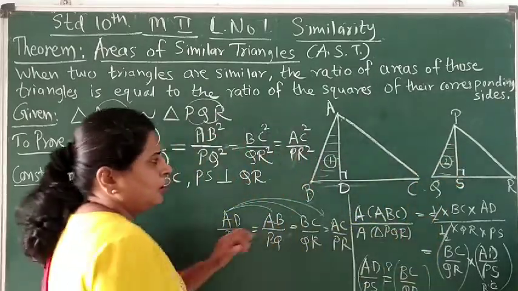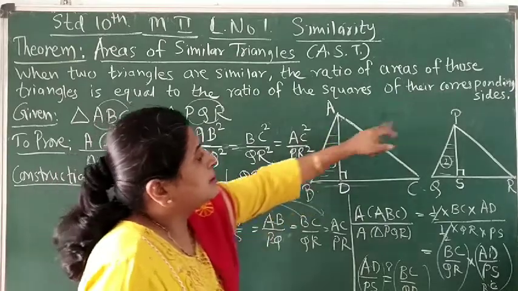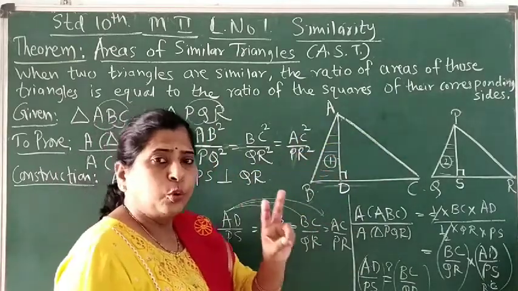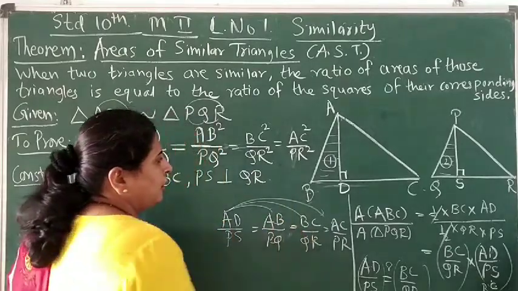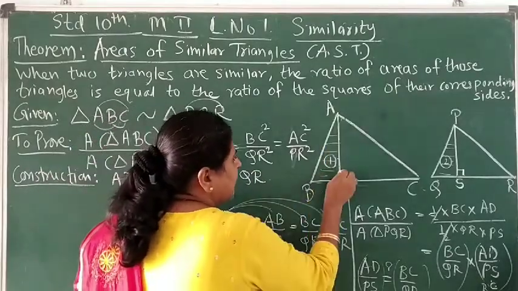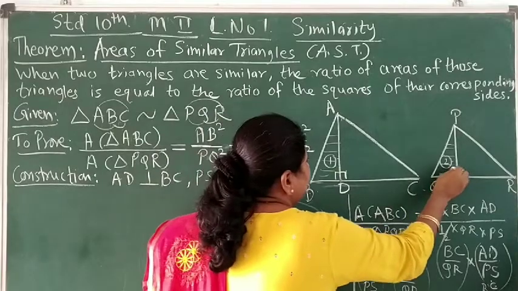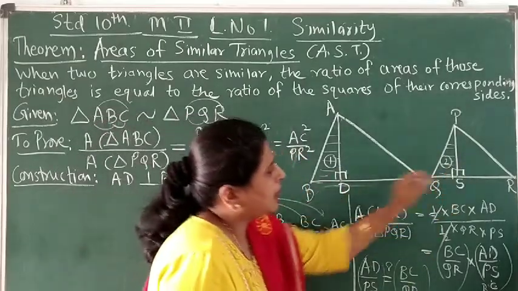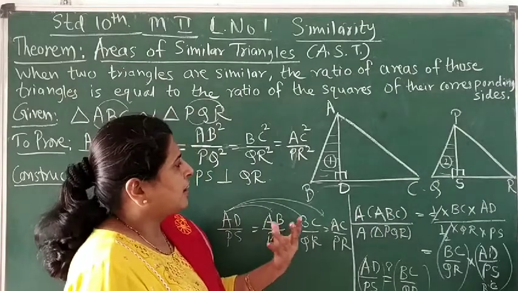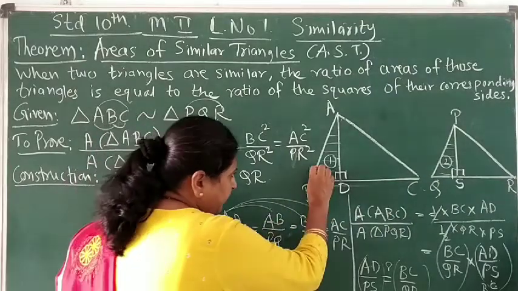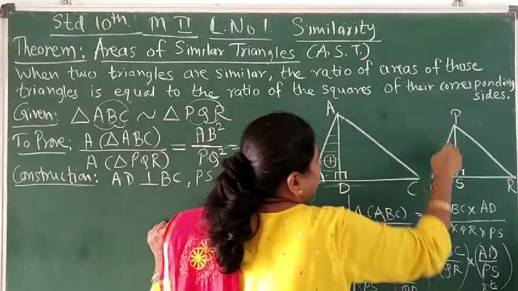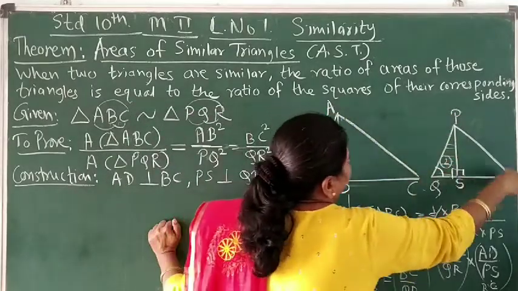Can we prove these two triangles similar? To prove triangles similar, we need to prove at least two angles congruent. Here angle D is 90 degrees as well as angle S is 90 degrees. So one pair of angles is congruent, and what about the rest? Now we can see that angle B is an angle of triangle ABC and angle Q is an angle of triangle PQR.